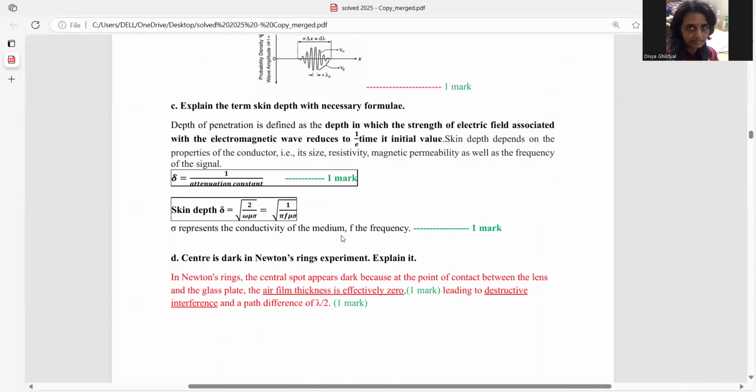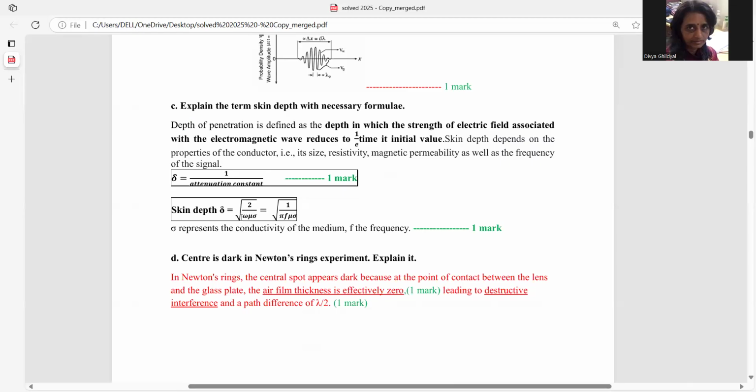Now the term skin depth with necessary formula. Depth of penetration to how much it enters, the electric field depending upon 1 upon e times, that is exponential of its initial value, is skin depth. It is inversely proportional to attenuation constant. So for writing the definition, you will get 1 mark, and formulas in your syllabus, they are for dielectric, for conductors, for non-conductors.